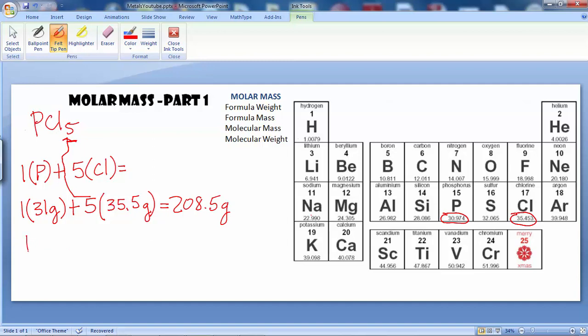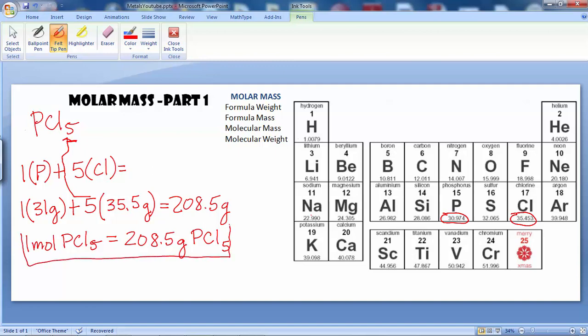We need to write out 1 mole of PCl5 is equal to 208.5 grams of PCl5. At that point, you have calculated the molar mass of PCl5.